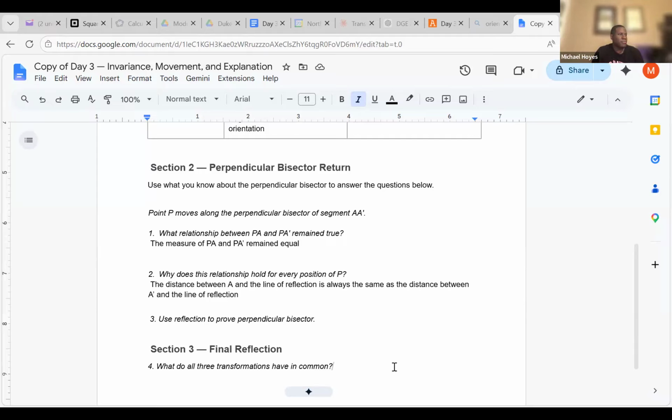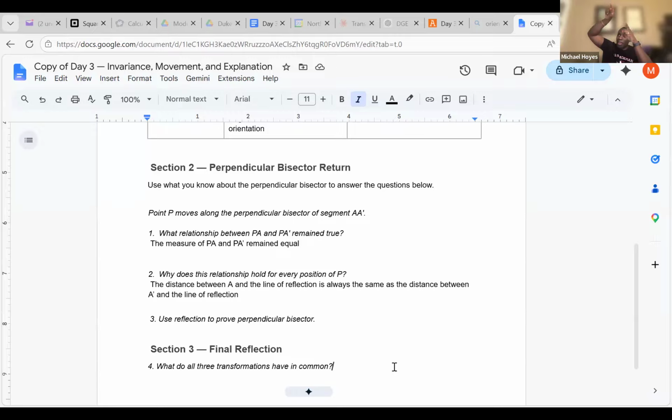You can think of it as creating a segment from A to any point P on the line of reflection. The length of that segment is going to be preserved under the reflection.